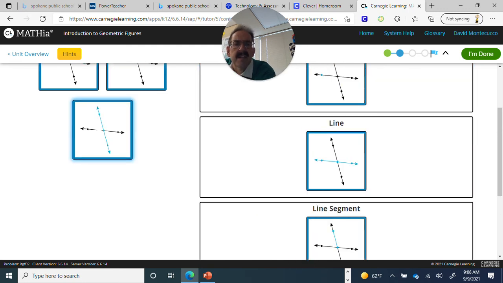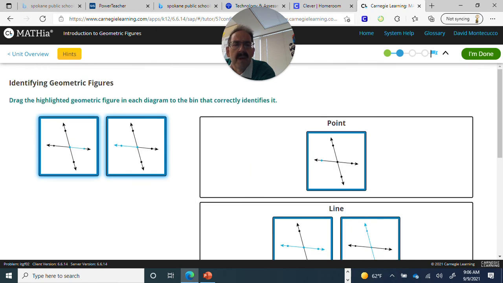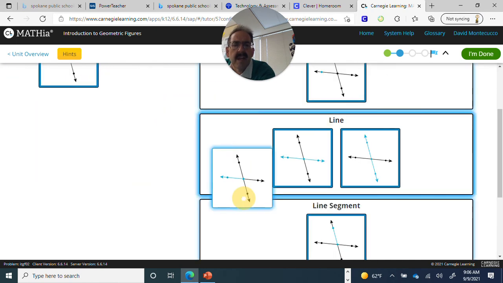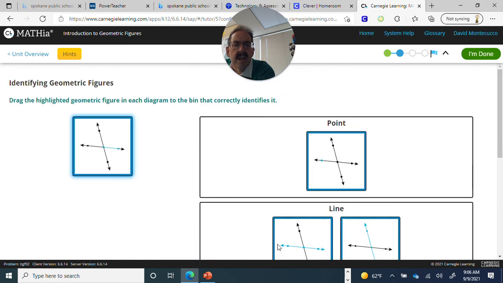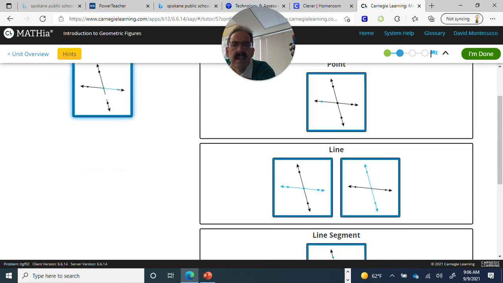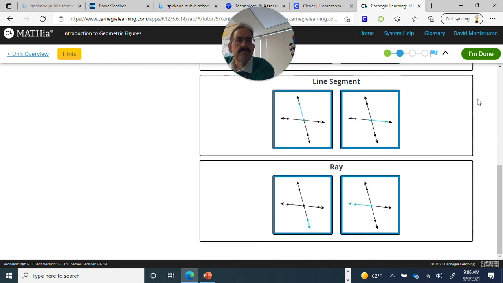This is a line. That's a ray. And a segment. Again, drag and drops can be difficult on the touch screen. I think the mouse seems to work a little bit better. Once you're done, I'm done.